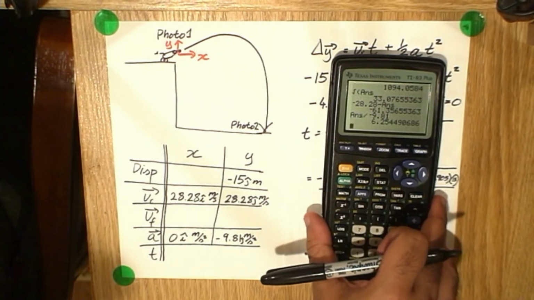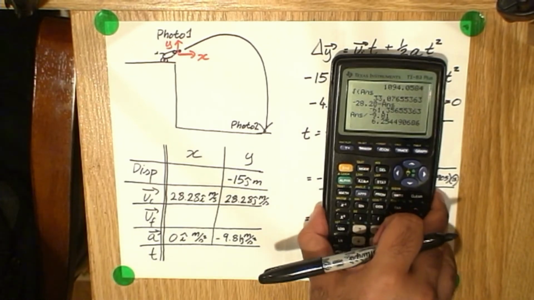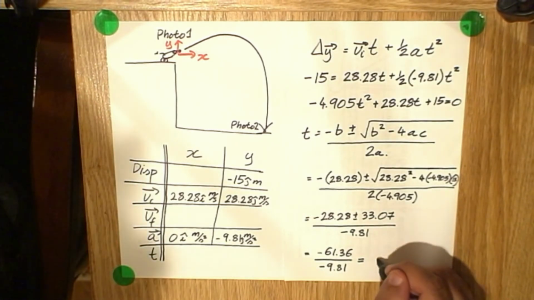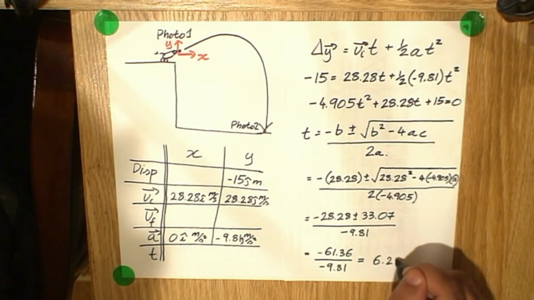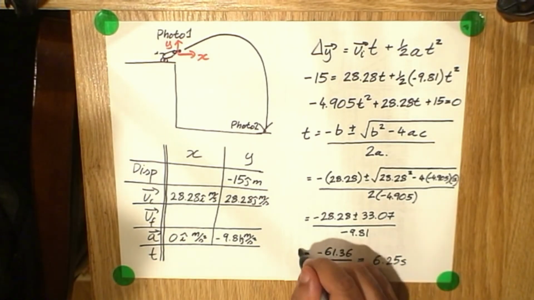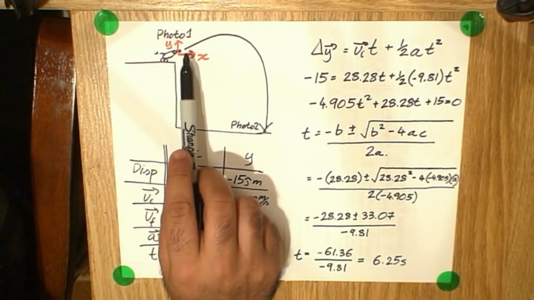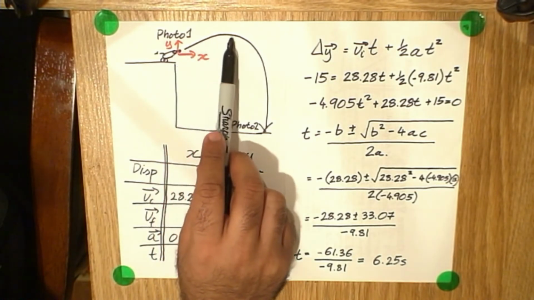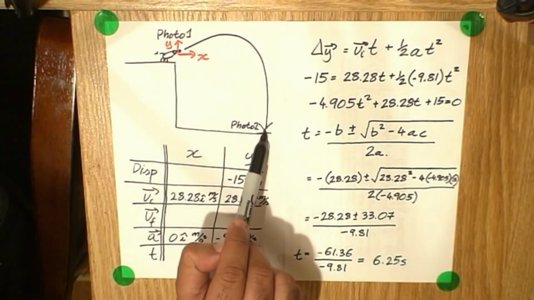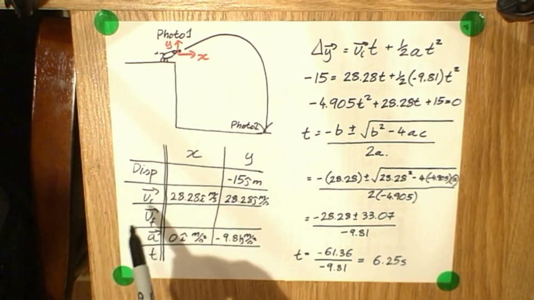So that gives us 6.25 seconds. So that's our time. That is the time that it takes for this cannonball to arc and land in the valley below.